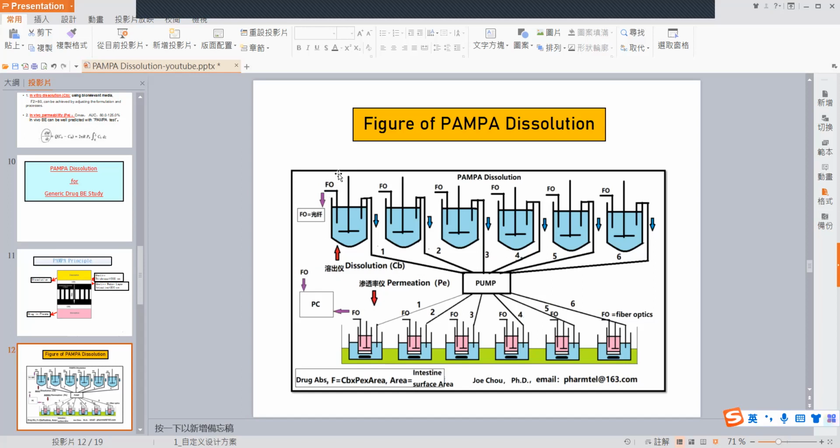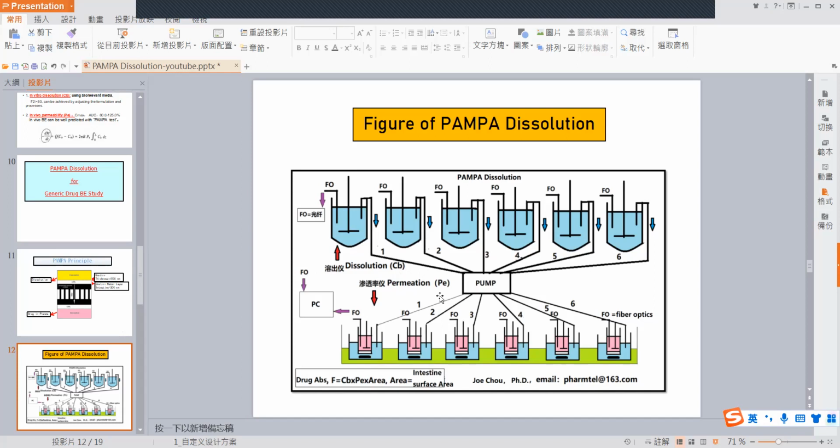So we have these fiber optics installed. By using this graph, we can easily measure the change of CB versus PE.